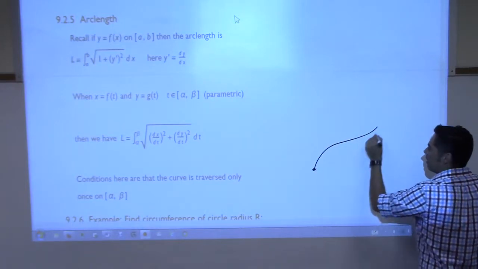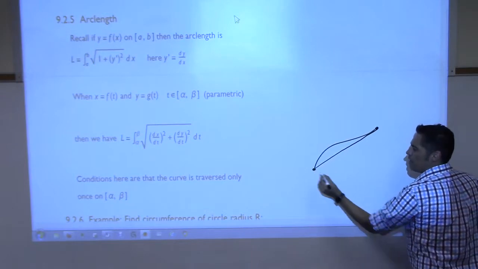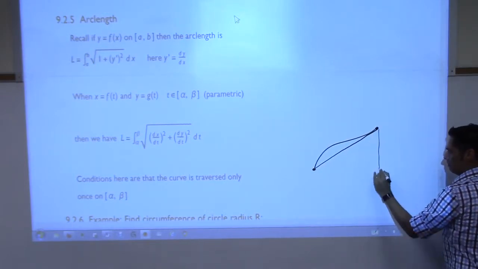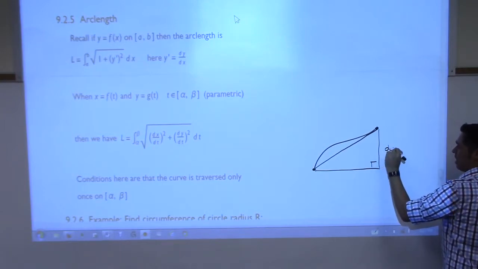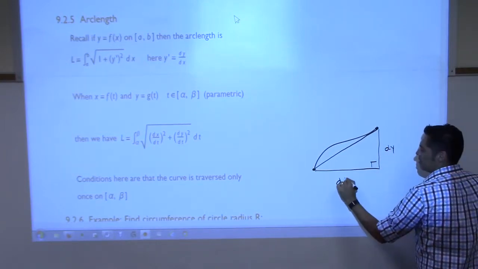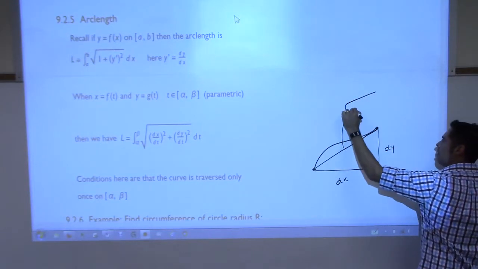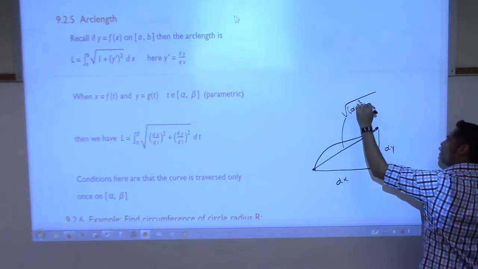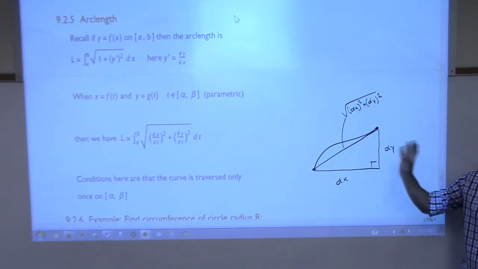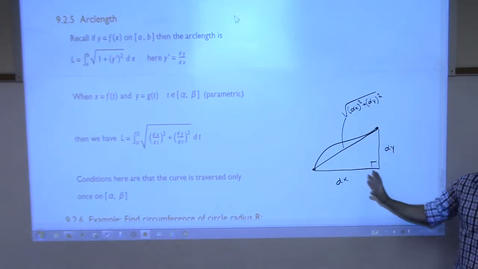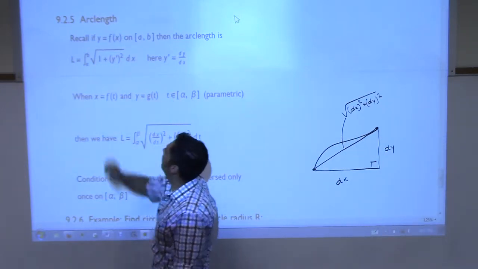I said we're going to zoom in, imagine approximating that curve with a straight line segment, creating a right triangle, and saying this was like dy, and this was like dx, and that means the hypotenuse here would be the square root of dx squared plus dy squared. That's very roughly speaking. You could go back in the lecture when I actually came up with this formula, that first one, because I did show you where that formula came from.